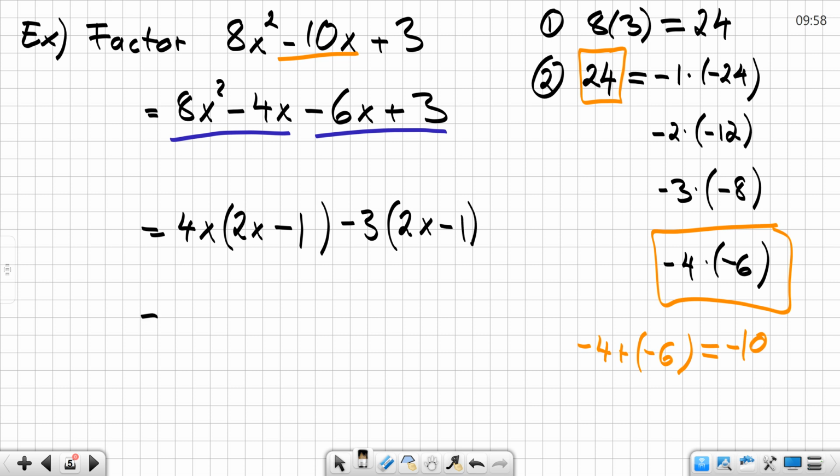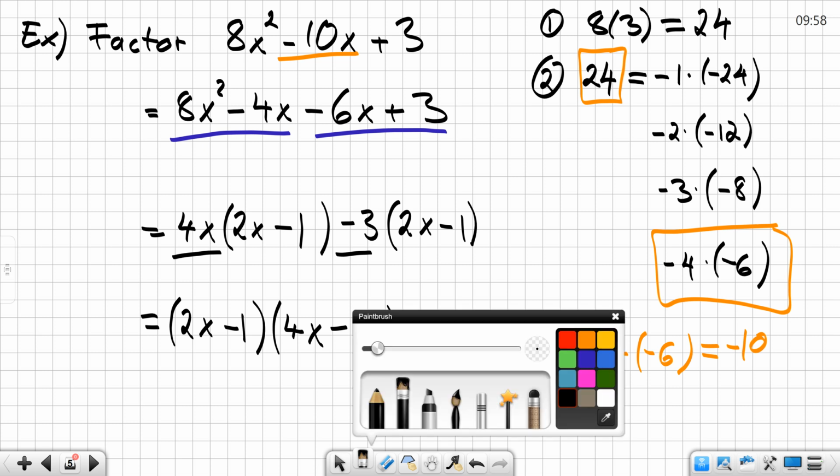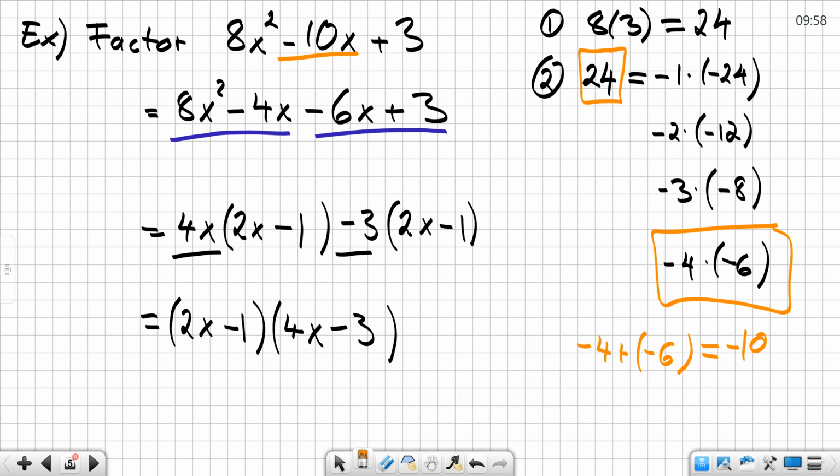And again, we have found a common factor, 2x minus 1 multiplied by 4x minus 3. And if I would spot check this, if I just look at the outer and the last, then 2x times 4x is 8x squared. -1 times -3 is +3.